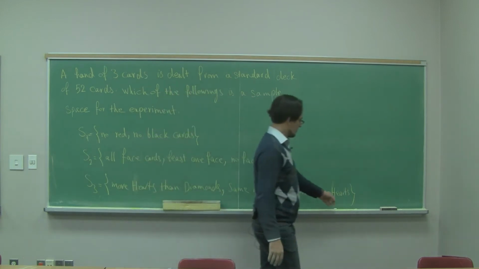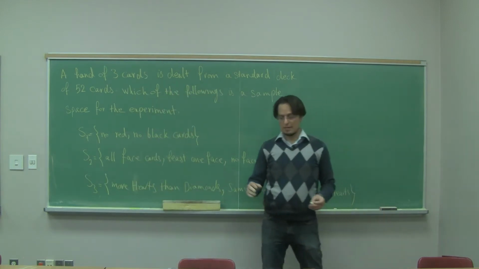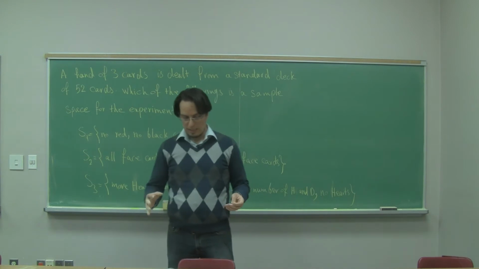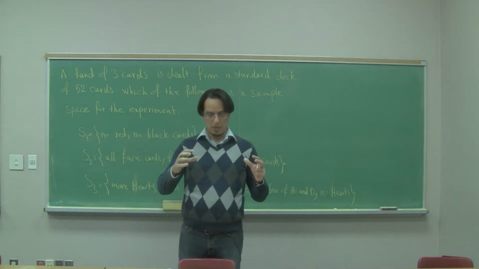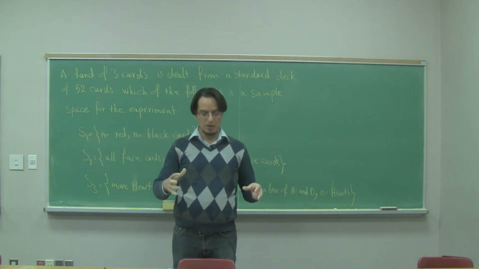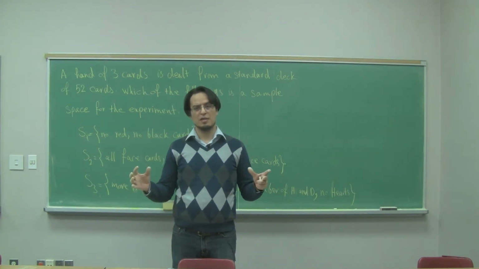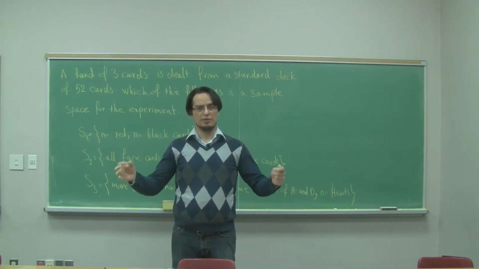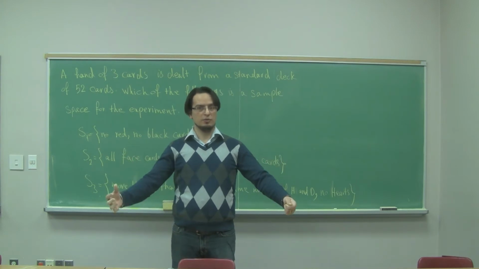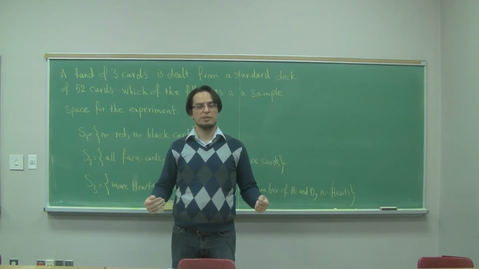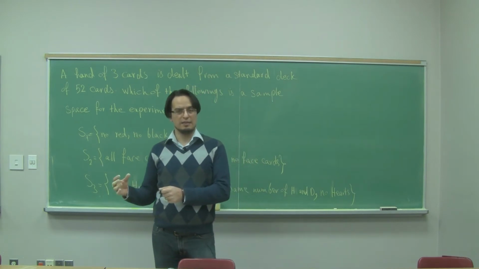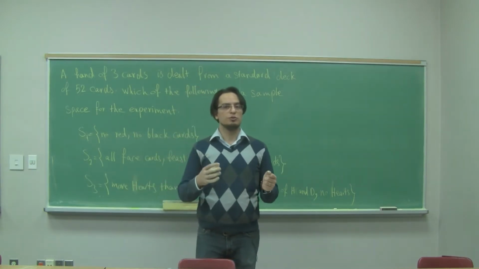But what are the properties for a sample space? A sample space is basically a set of outcomes with these properties. First, every result of the experiment is included, meaning we call it complete. And the other property is that every 2 outcomes in that sample space are mutually exclusive.